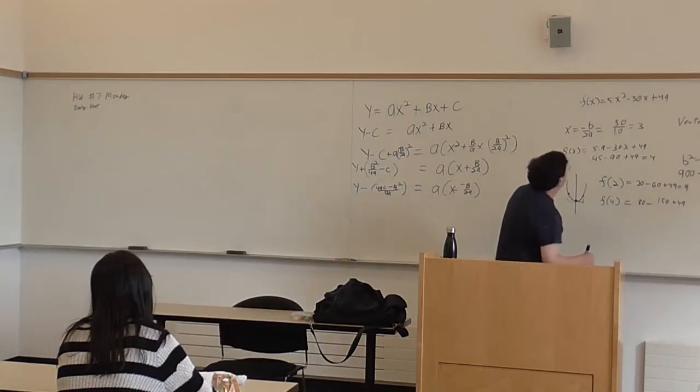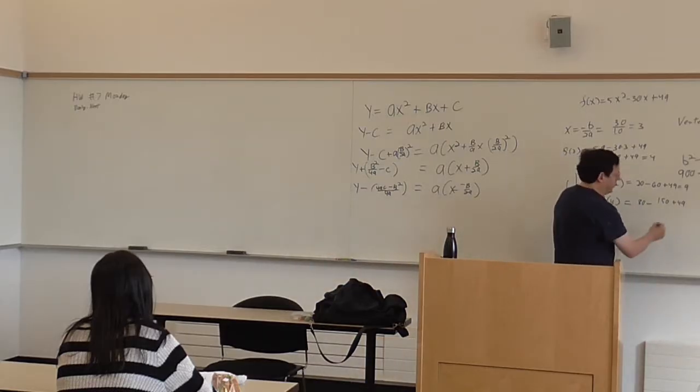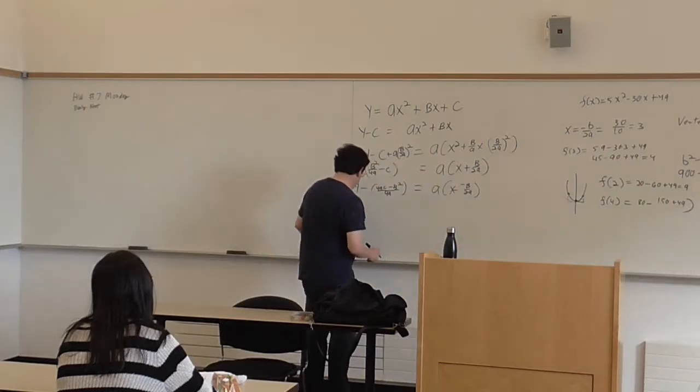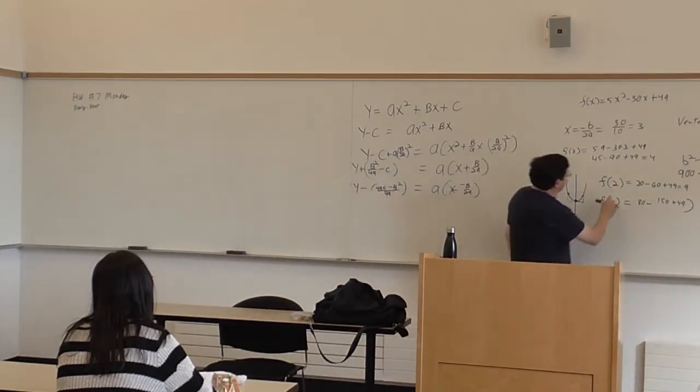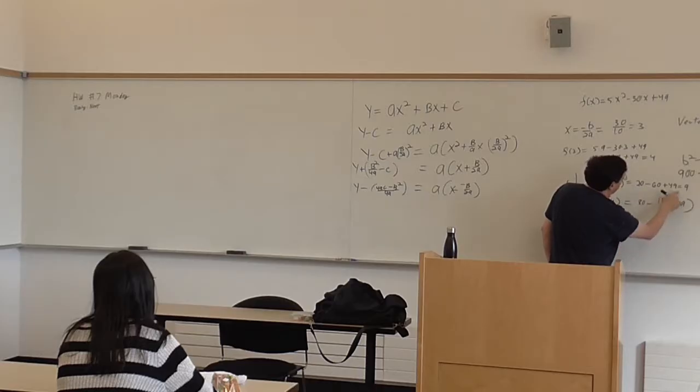What did I do wrong? We'll look at that in a minute. I guess this would be a waste of time unless I did something wrong with this. 4, 5 is 20, 60, 69.